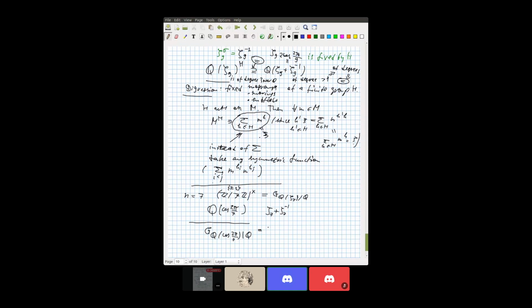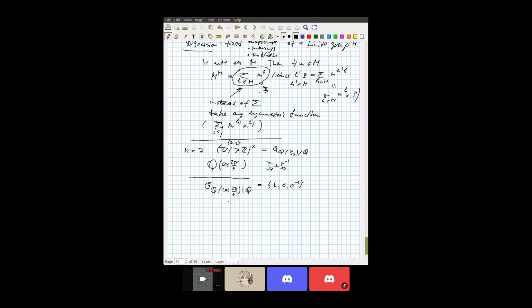It is of order 3, so it will be identity, some element and its square, or inverse. So how could you describe this? What would be the action of one of these non-trivial elements on this element of the field?